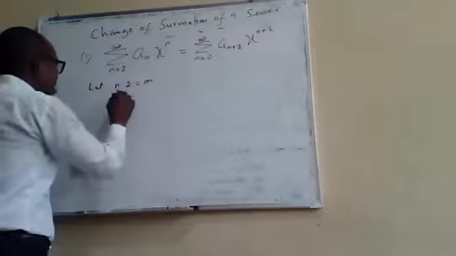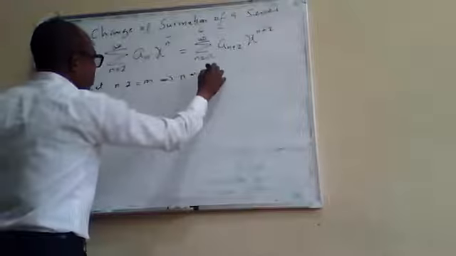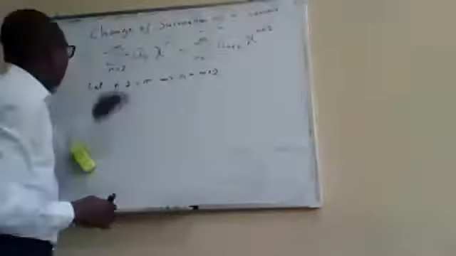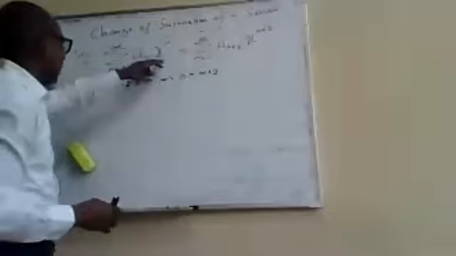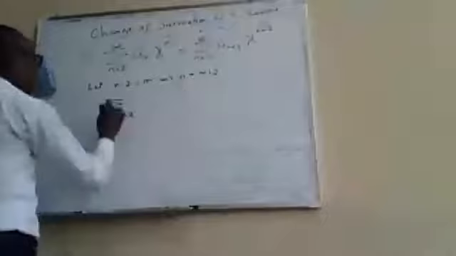So I can now write this. This implies that n is now equal to m plus 2. Now substitute where you have n in this expression with m plus 2. So I can now have this limit as m plus 2 equal to 2, because where I have n is now m plus 2.